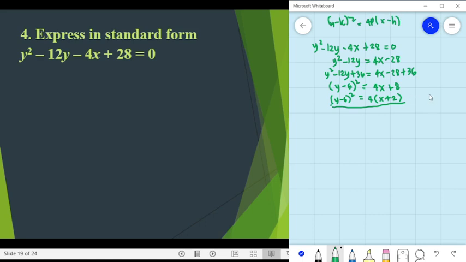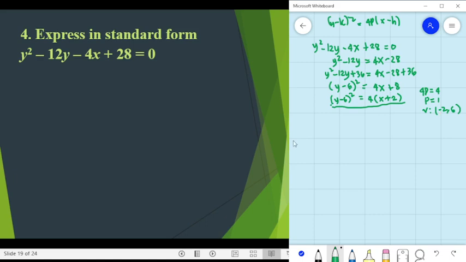So that's why your 4p is equal to 4, wherein your p is 1. Okay? And then, your vertex, your h is negative 2. Right? Because it is positive here. So, your h is negative there. Because x minus negative of 2 becomes x plus 2. And your k, because it is y minus k, so y minus 6. So, meaning your k is positive 6.